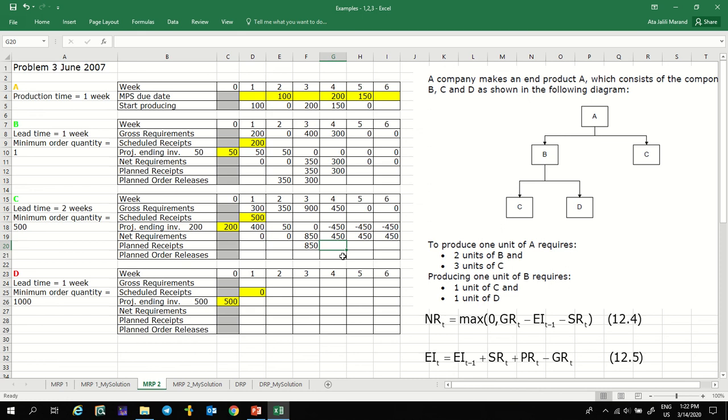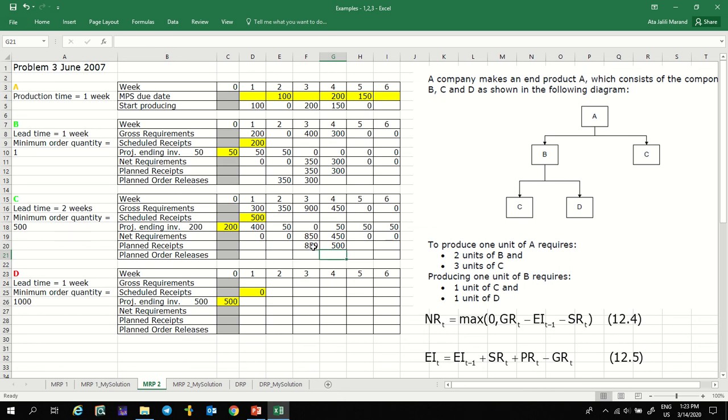Then in the next week I again have a net requirement equal to 450, but I cannot make an order of 450, because the minimum order quantity is 500, so I will make an order of 500, or let's say the planned receipt will be 500 for that week. And by that planned receipt, I will have no further net requirements for the other 2 weeks.